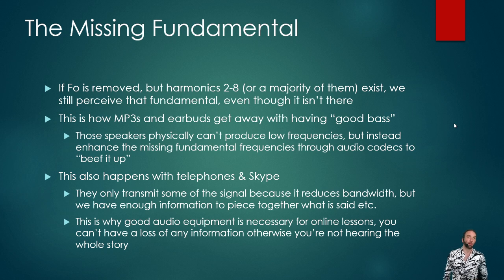So before we get to the multiple missing fundamentals, we have to talk about what a missing fundamental is first. So we talked about this earlier in the semester, but a missing fundamental is basically the harmonics created. We can take out the bottom harmonic or the fundamental tone, and we will still perceive that tone because of the harmonics above them. So as I write here, if the fundamental oscillation is removed, but harmonics 2 through 8, or a majority of them, exist, we still perceive that fundamental even though it isn't there.